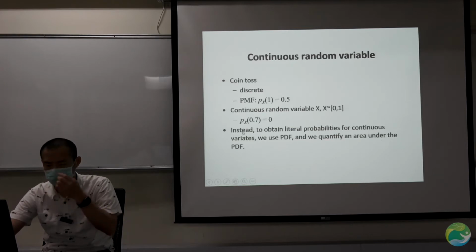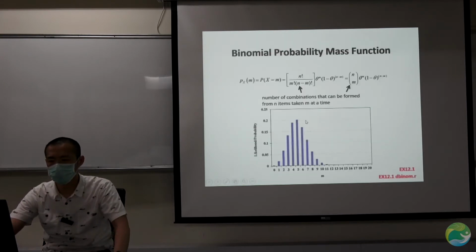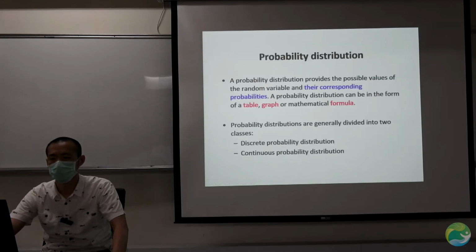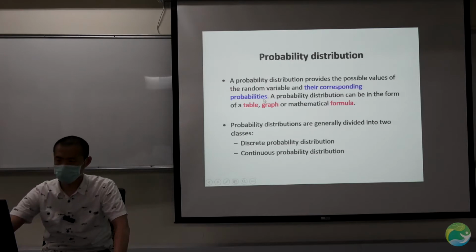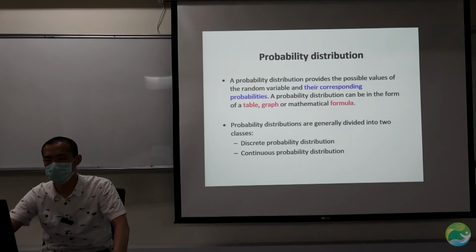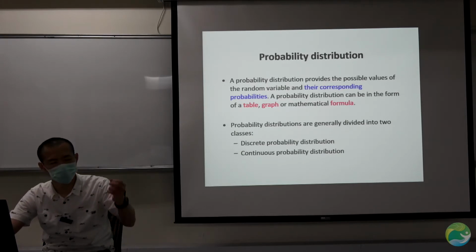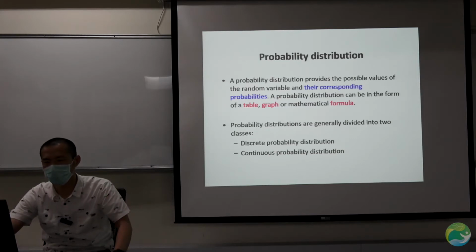How do we use the probability distribution to describe the possible values of a random variable and their corresponding probability? Right? Because as I have told you, for each possible value of a random variable, the probability is 0. How can we do this?